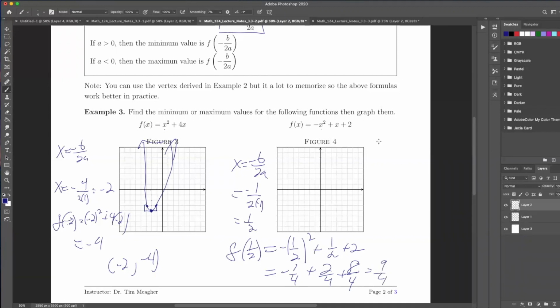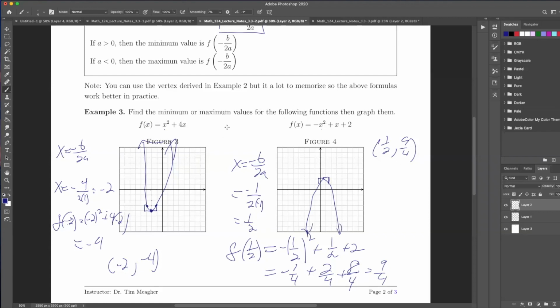So the vertex here is not super nice, right? It's just a half, 9/4. And so here I'm at a half, and then a little bit over here. And then I go over 1, down 1, then here, over 1, down 1, and that gives me my graph. Okay.